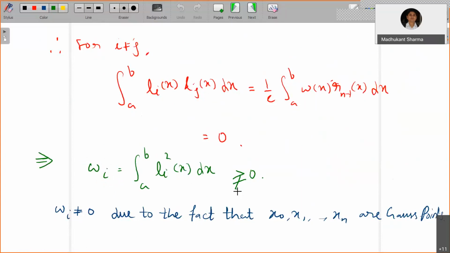Similarly, the Gauss points also will change when you increase or decrease the value of n. So we have the dependence of wi and xi on n, and we are explicitly writing that dependence.